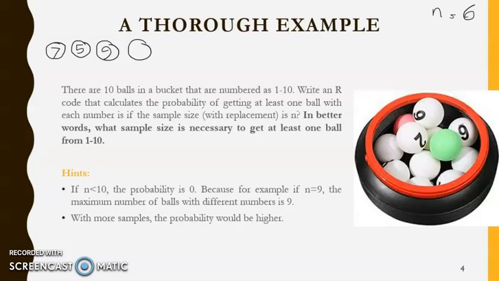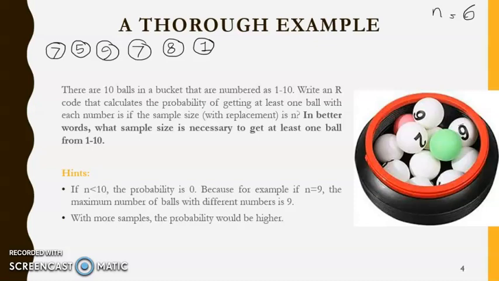The fourth one is 7, because it's possible, because it is with replacement. I put back the ball. Now I have 4 balls picked out. The next one I get is 8, and the 6th one is, for example, 1.